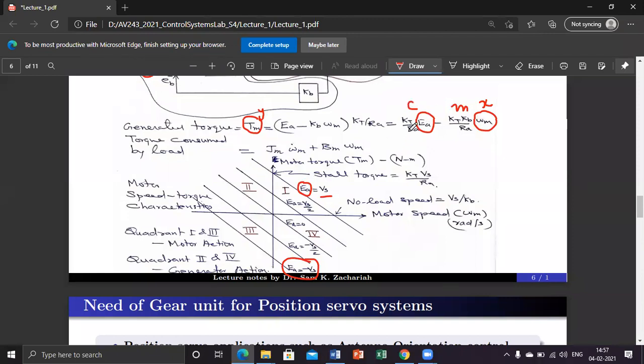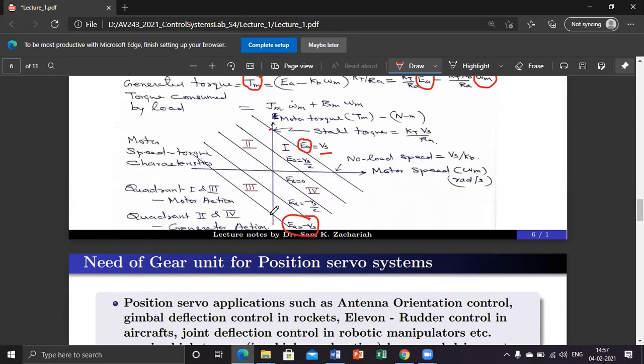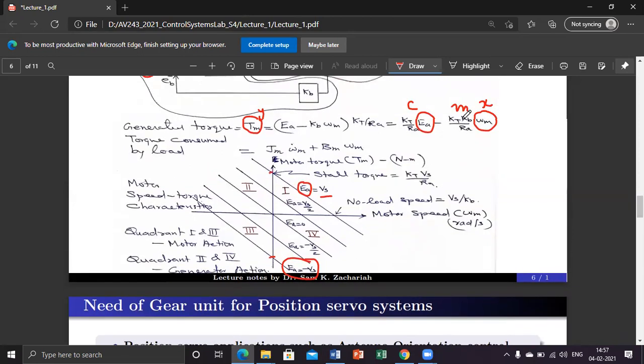You are varying from Kt by Ra into plus Vs to Kt by Ra into minus Vs. Thus, the offset is changing from the maximum offset to the minimum offset. The minimum offset is negative. And the slope is always negative, given by minus Kt Kb by Ra. And as you vary omega m along this line, there is a corresponding variation of the torque Tm.